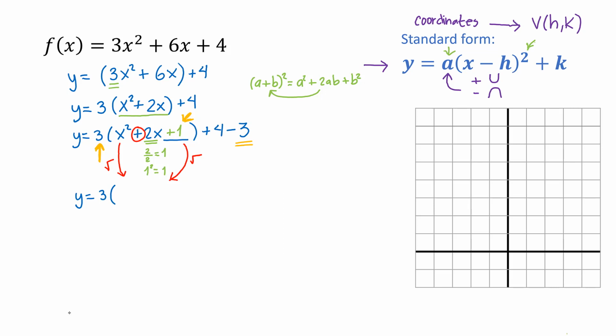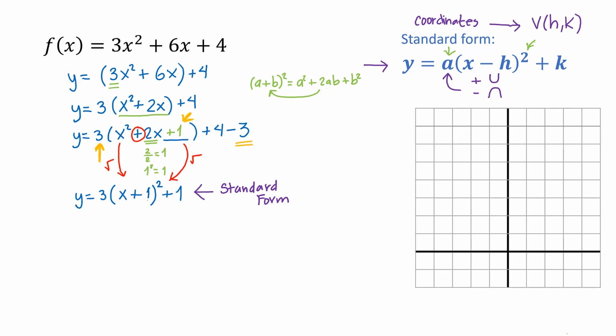So, square root of x squared, x, sign of the second term, plus, square root of the third term, square root of 1, 1. Okay, so that's our binomial we are going to square. And now we do the addition or subtraction that we're going to have at the end. 4 minus 3, 1. Now we can easily identify the vertex of this parabola with the values of h and k.